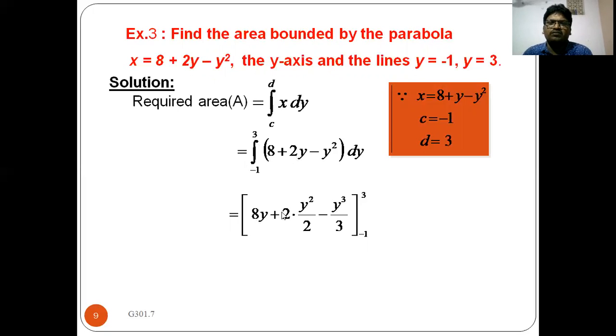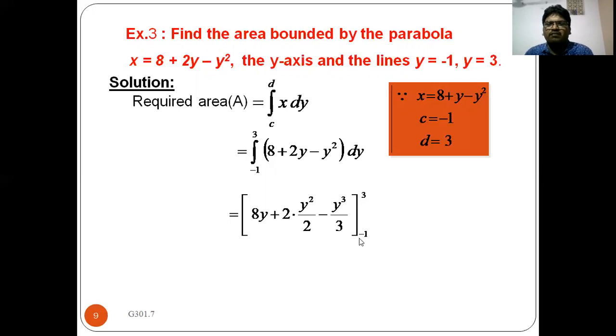Here 2 is a constant, integrate y using the x to the power of n formula, and you will get y square by 2. Minus, use the same formula, and you will get y cube by 3. So now the integration is completed.